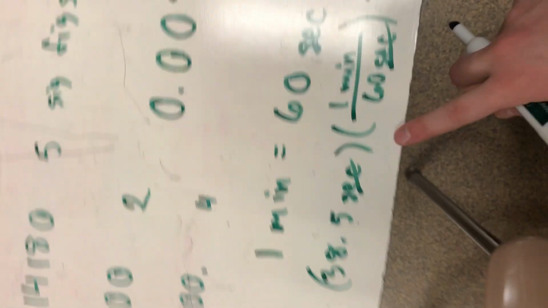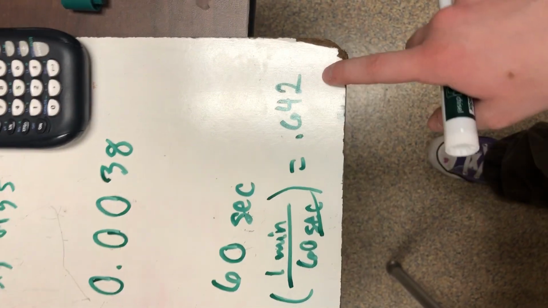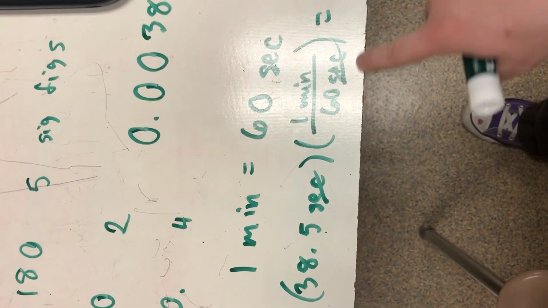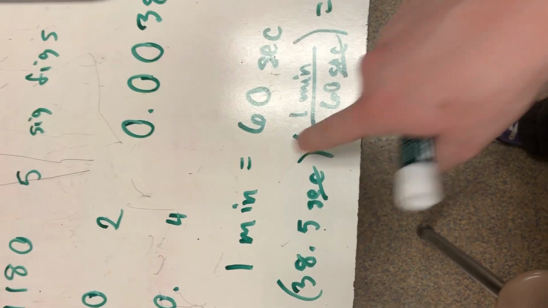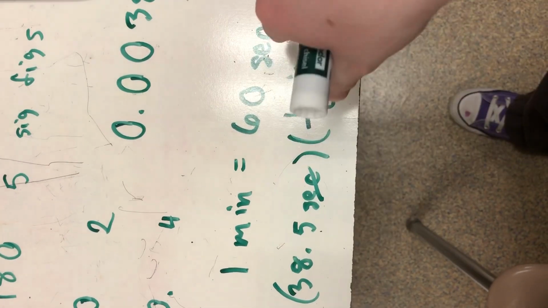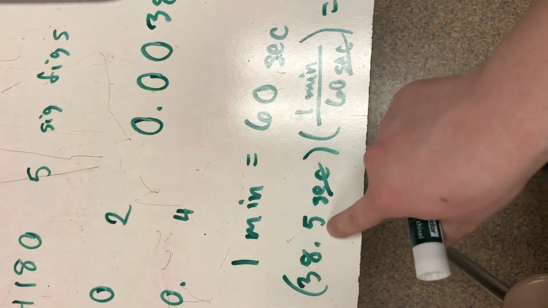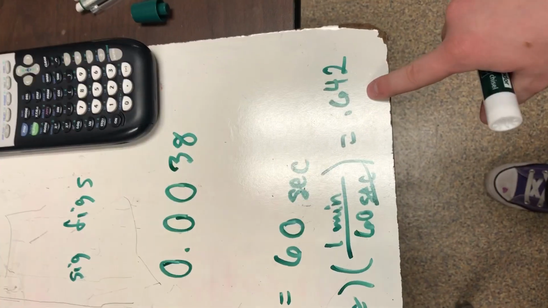So the reason I wrote 3 sig figs here instead of just 1 is that this would have an infinite number of sig figs because it's a constant. It's a defined constant. So you go with this number of sig figs, which is going to match your answer.